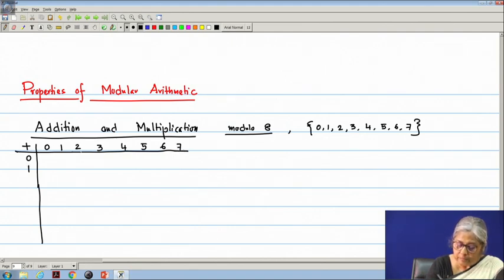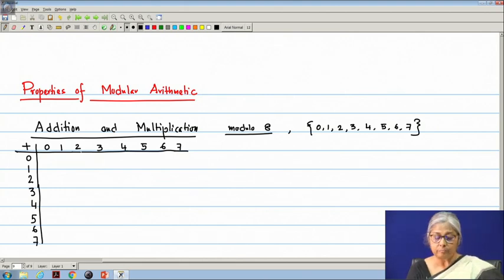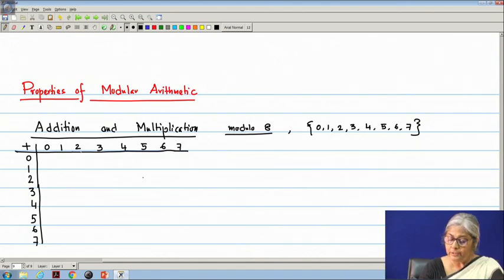Here also. Okay, this is my addition modulo 8. I am taking, this is my addition and multiplication modulo 8. So, this is addition modulo 8.